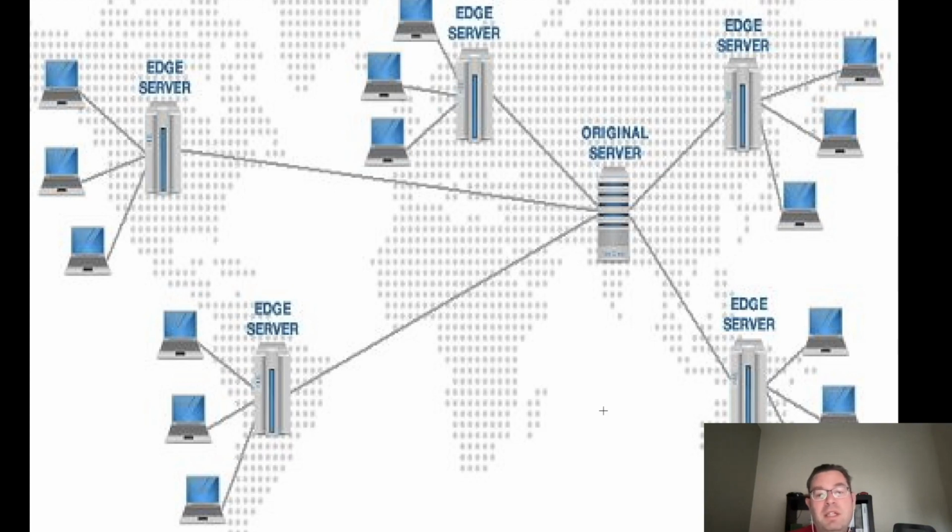It can also mean that on the original server, you still have all the PII of all your customers, and all the edge servers are basically only used for content. So website, video files, other types of files, you name it, purely the content. And the authentication of the user credentials can take place on the original server.